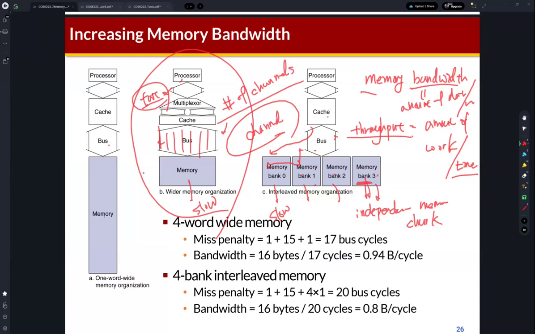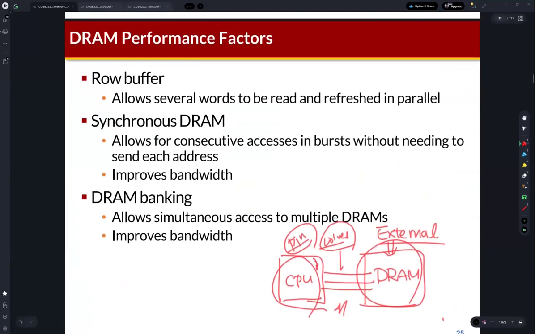The idea is that we give the first request to memory bank 0. Then we need to wait a long time. But during this wait time, we can give the second request to memory bank 1. And while memory bank 1 is working, we also give the third request to memory bank 2, and another request to memory bank 3. Then it works like this.